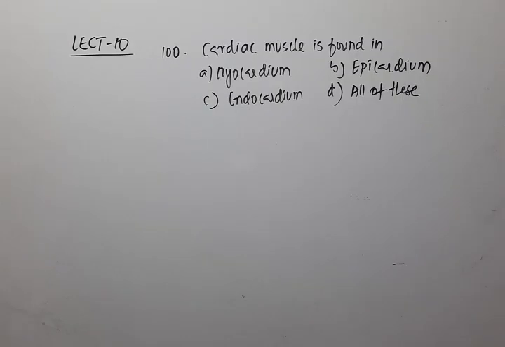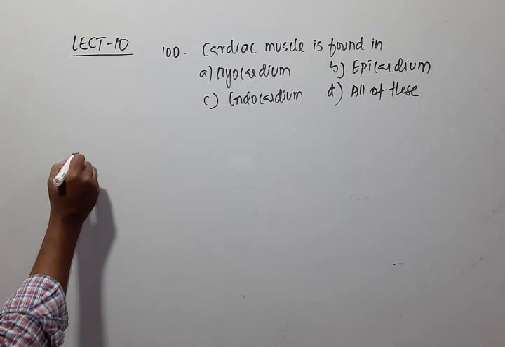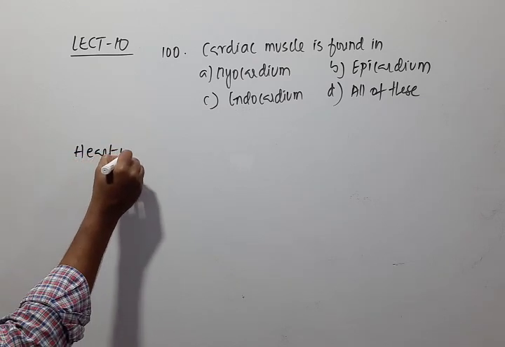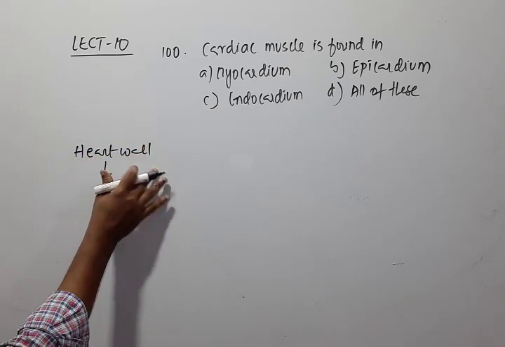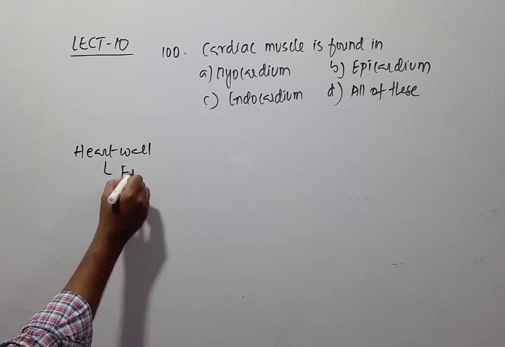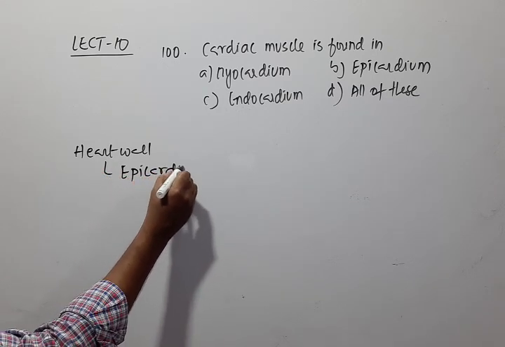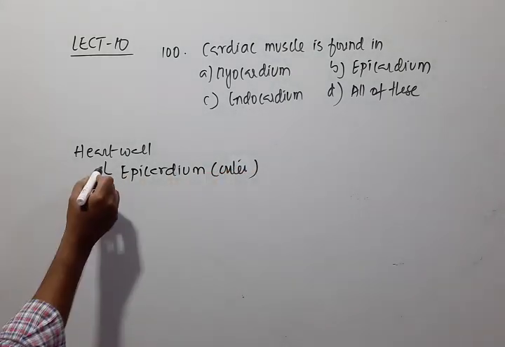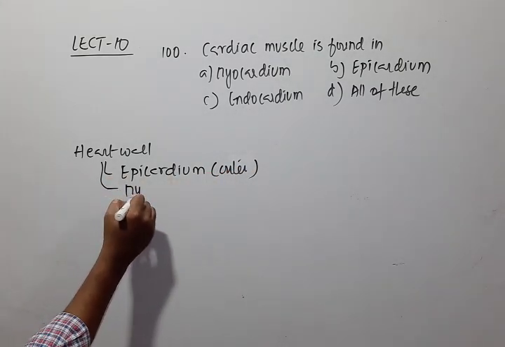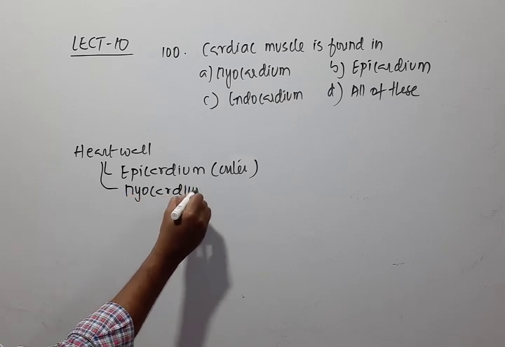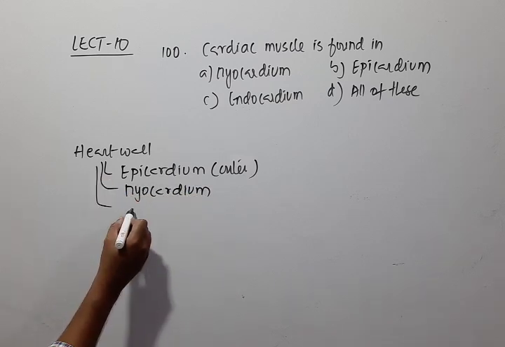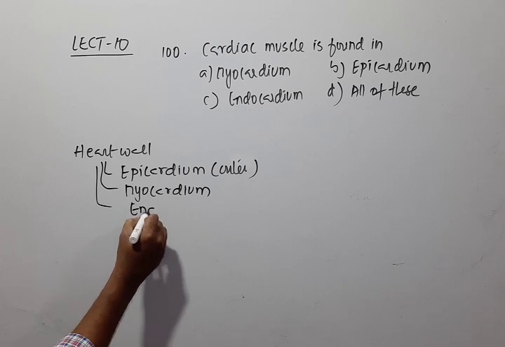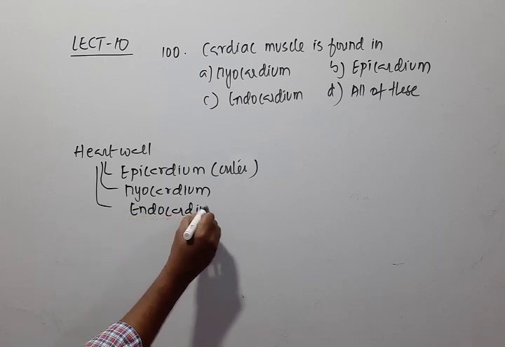Next question, the cardiac muscle is found in. So we know that the heart wall is composed of three layers. The outermost layer is the epicardium, then the next layer is the myocardium, and the innermost layer is the endocardium.